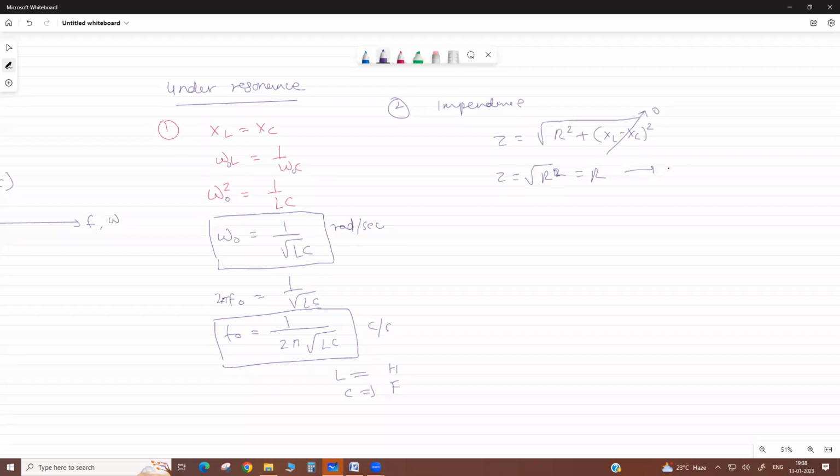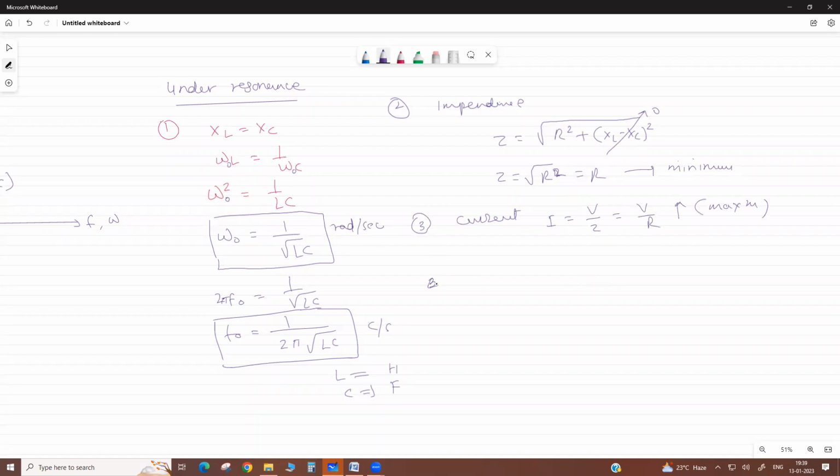It is minimum. The impedance of the circuit under resonance is minimum. Then you calculate the current: I equals V by Z, or V by R only. So maximum current will flow under resonance.